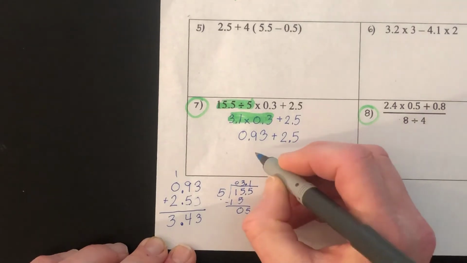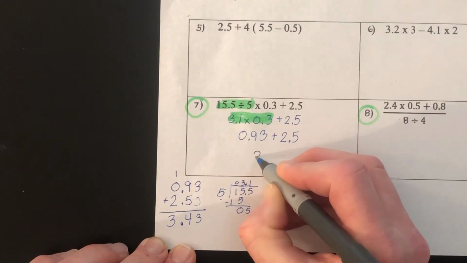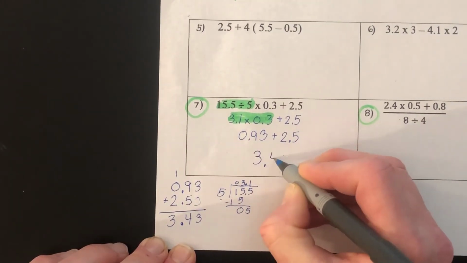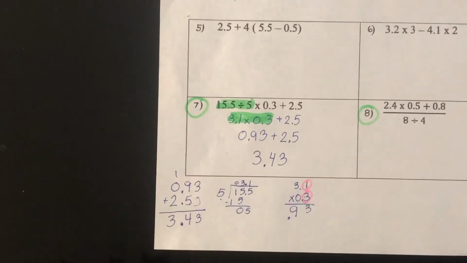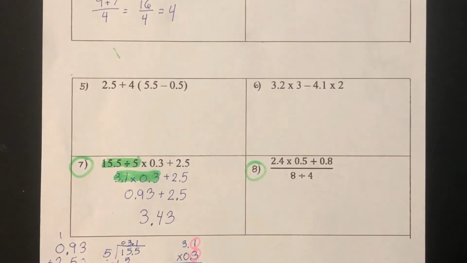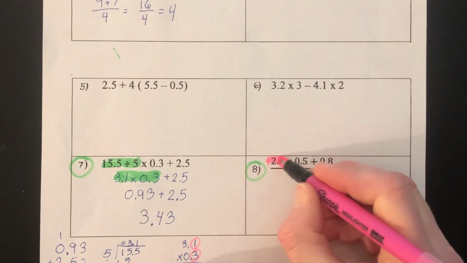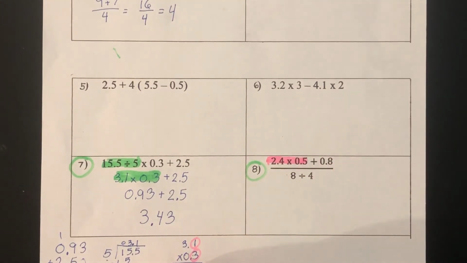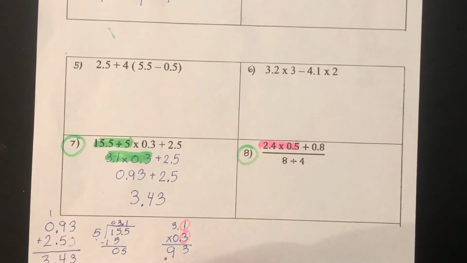So the final answer, the value of number 7 is 3 43/100. Now let's do number 8 together. Multiplication and addition. Let's do multiplication first. 2.4 times 0.5.